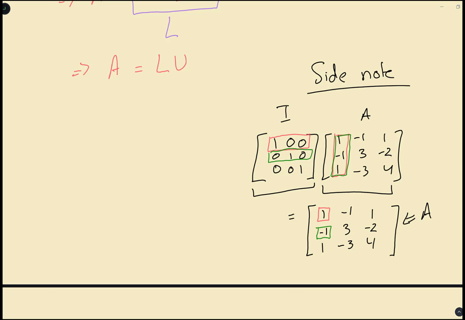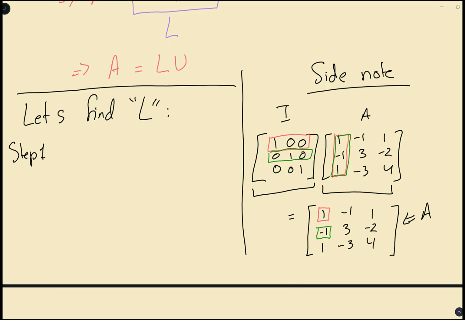All right, so let's find L in this case. So let's just do a line here and then focus on finding L, which is the lower triangular matrix. So step 1, if you recall, was basically row 2 is equal to row 1 plus row 2.